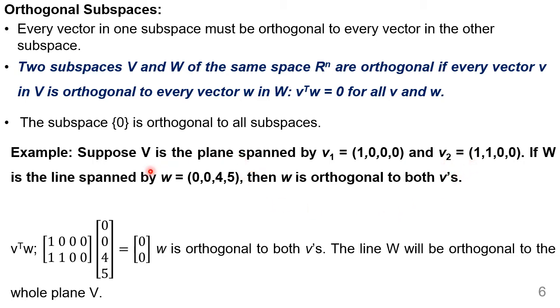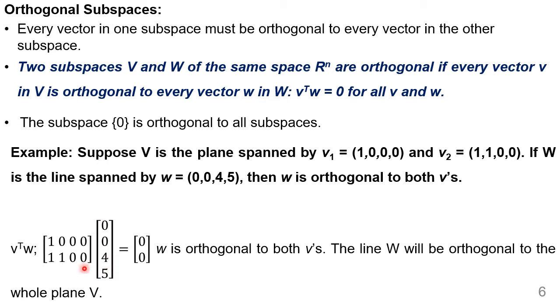If W is given by 0, 0, 4, 5, we need to find out whether W is orthogonal to the whole plane V. We know the expression V transpose W, that is given by 1, 0, 0, 0 and 1, 1, 0, 0, which should be multiplied by 0, 0, 4, 5.